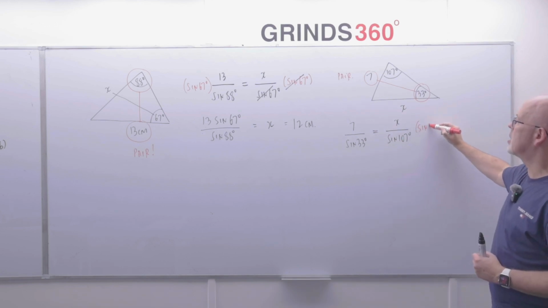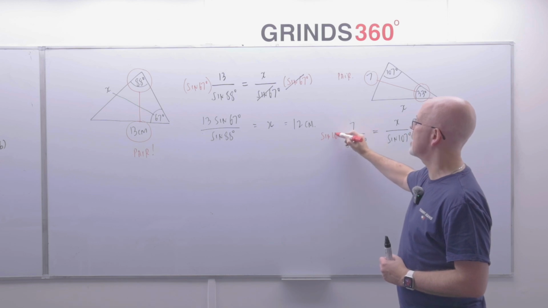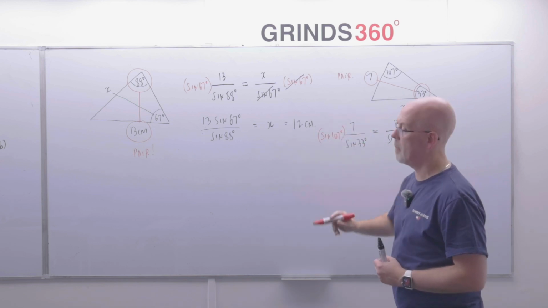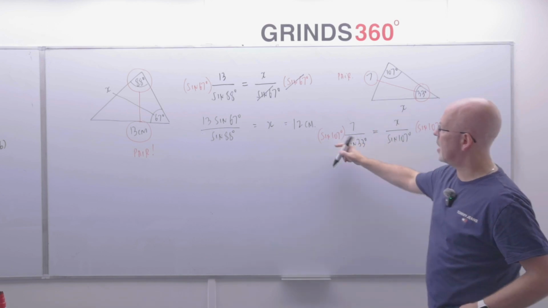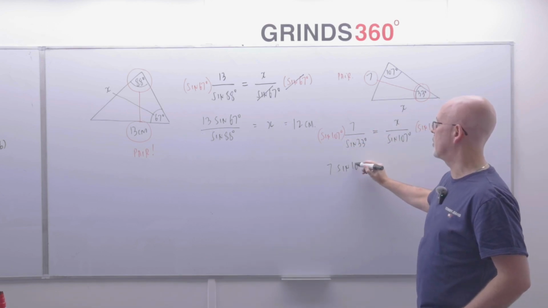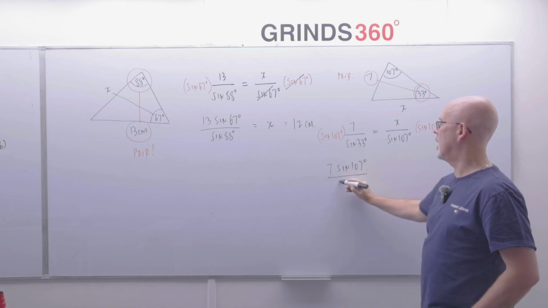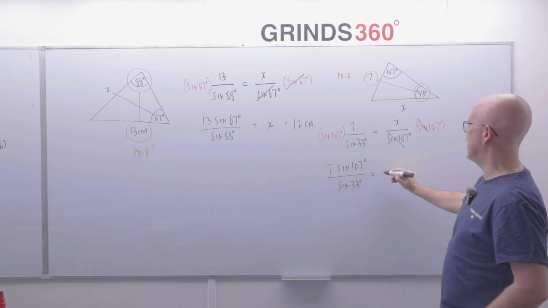So we multiply both sides by sine 107 degrees. On the left-hand side, the sine 107 goes above, so I get 7 times sine 107 degrees over sine 33 degrees. On the right-hand side, these will cancel and just leave the x behind.